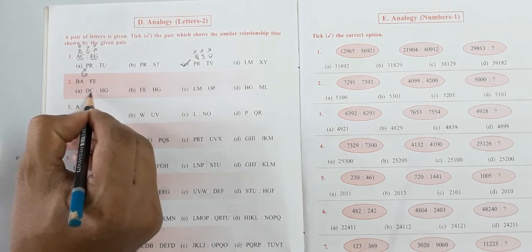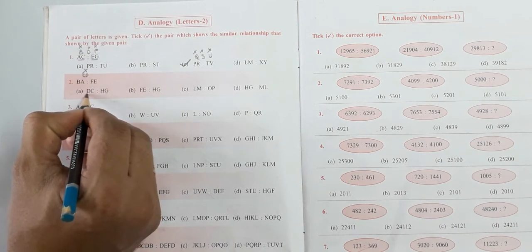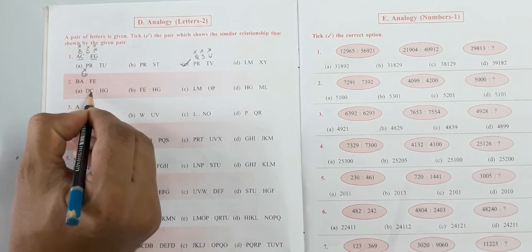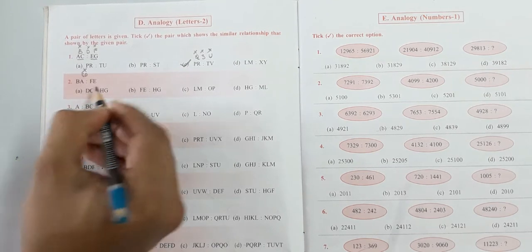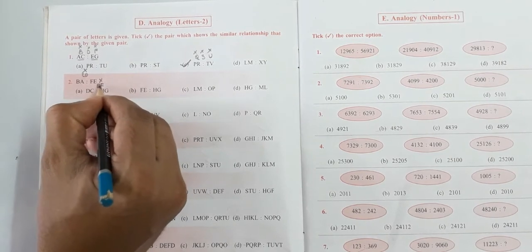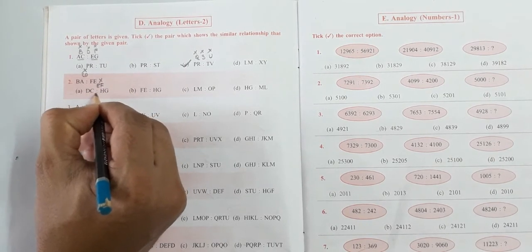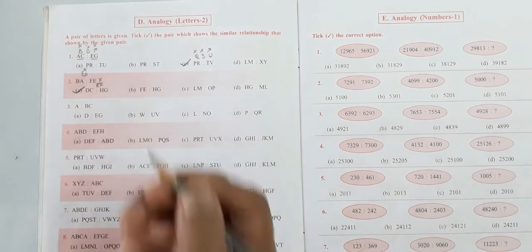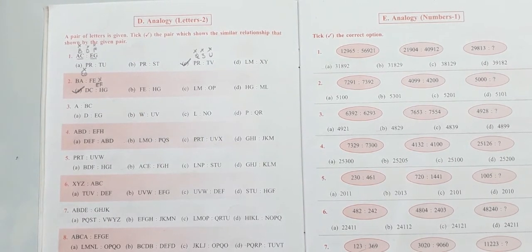Hence we have to find the relation like that. Check the option A, CD, GH. If we write the sequence CD, EF. So EF are missing and then GH. So option A is the right answer for the second question. Now look at the third one.